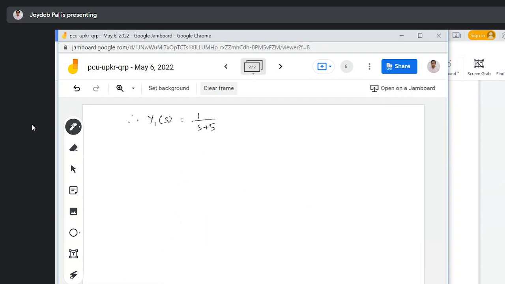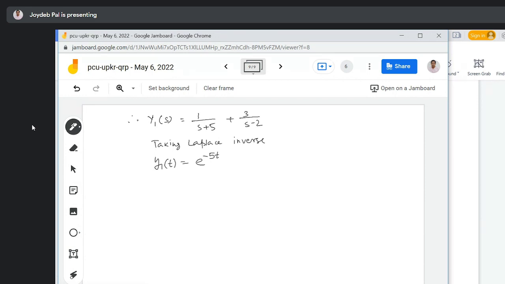So taking Laplace inverse, what we will get? y1t is equal to Laplace inverse of 1 by (s plus 5), क्या होगा? e to the power minus 5t.